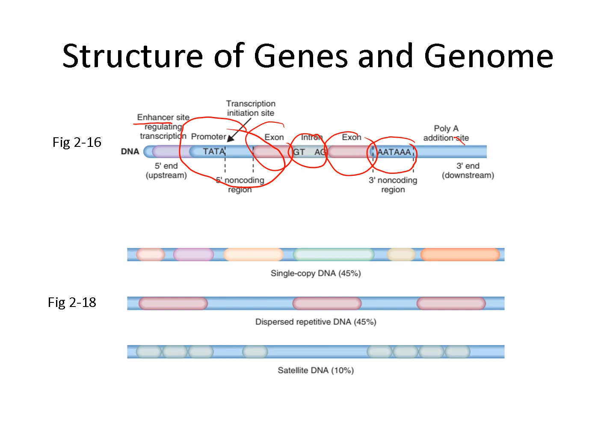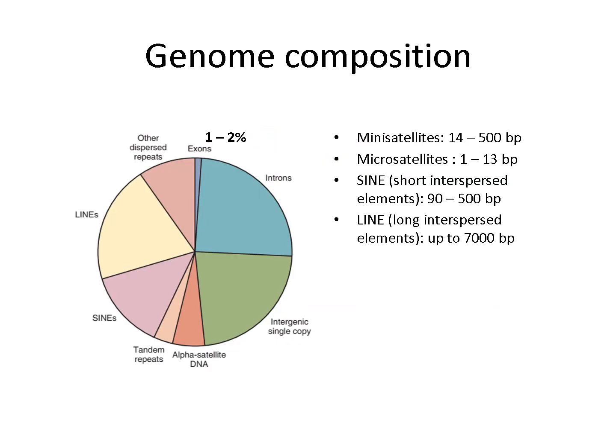On the large side, we have the dispersed repetitive DNA, and on the small side, we have satellite DNA, about 10%. In the coding part we have just 1 or 2%. It's very small.